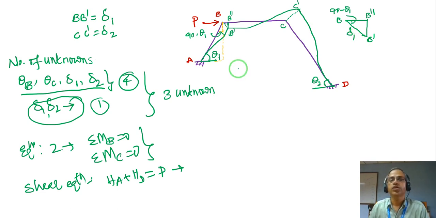Now it is important to understand what this B double dash is. If this is 90 minus theta 1, this will be cos, this will be sin.